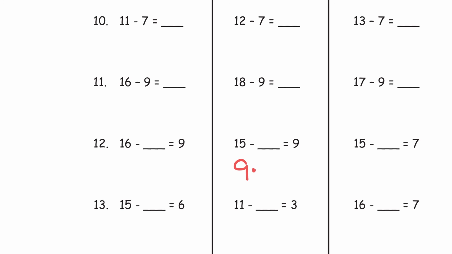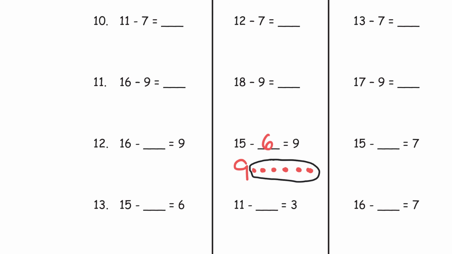So I have 9, 10, 11, 12, 13, 14, 15. Okay, so there's my group that I had to count on from 9 to get up to 15. And it is 6. So I counted on 6 times to get up to 15. That wasn't too bad.